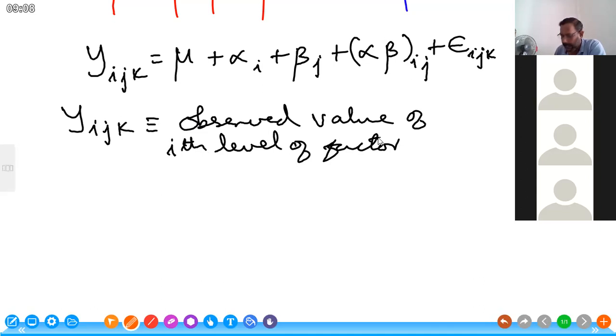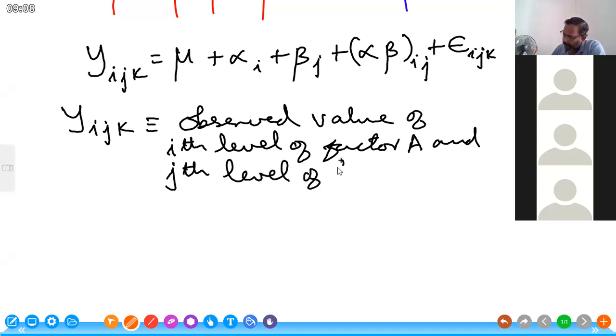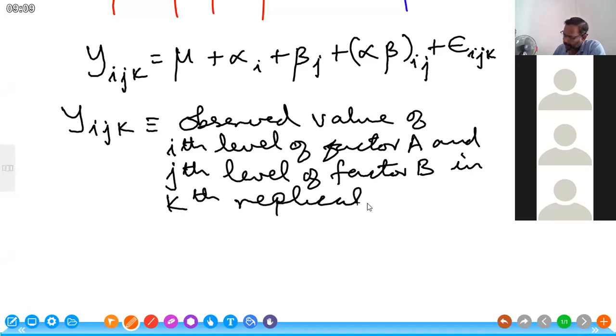We already said A. So we can say observed value of the ith level of factor A and jth level of factor B in the kth replicate. This is how we write. Observed value.